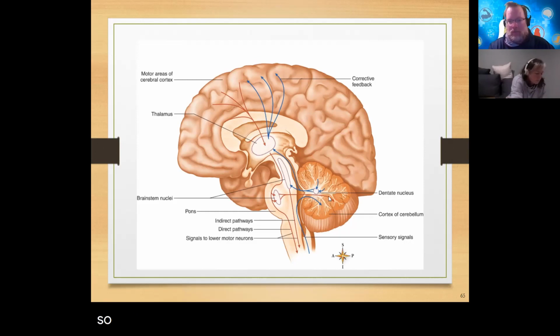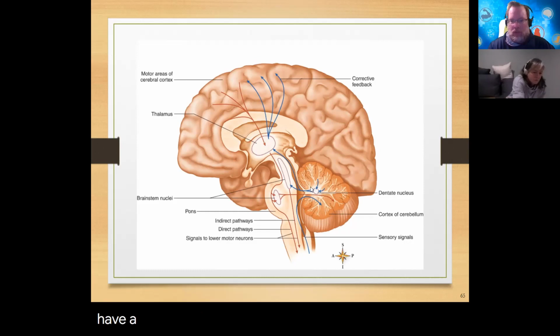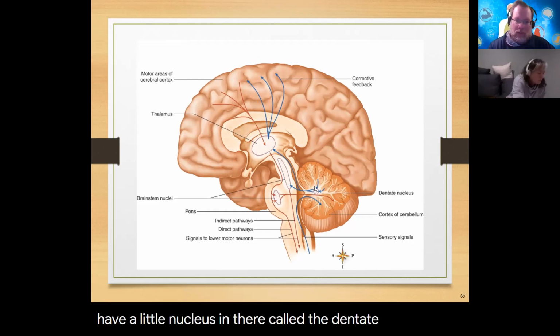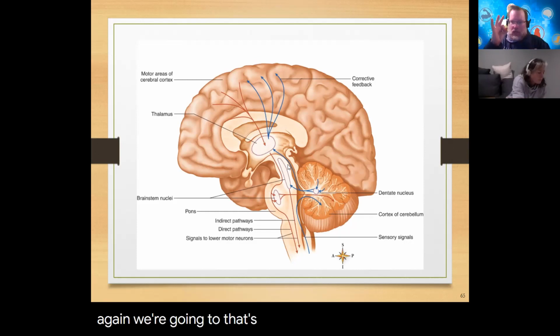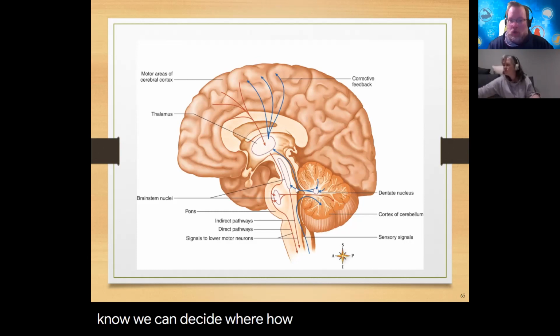Okay, so the cerebellum receives a lot of that sensory information, and then typically it's going to pass it on. We have a little nucleus in there called the dentate nucleus. So again, that's kind of the relay button within the cerebellum where that sensory comes in, and then we can decide where we're going next.